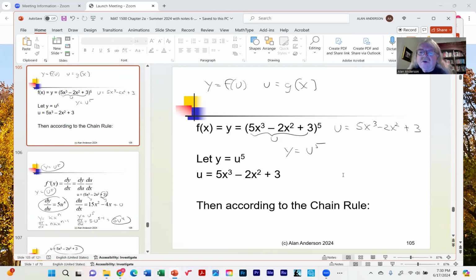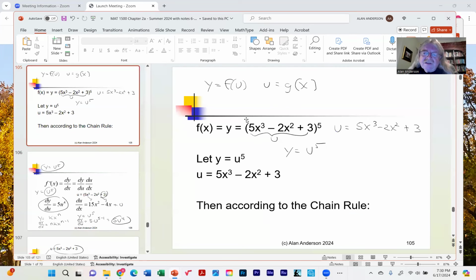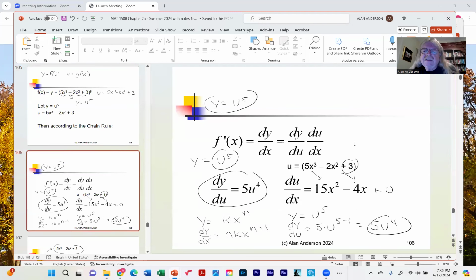You would discover pretty quickly that everything is getting messier rather than simpler, and that would mean you go back to the beginning and say, well, let me try something different. Like I said, it's not always immediately obvious what should be defined as u when we're using the chain rule. If you do it correctly, you'll get your answer very quickly. If you've done something wrong, you'll discover that you're just making a bigger mess. Okay, so this does take a little practice.